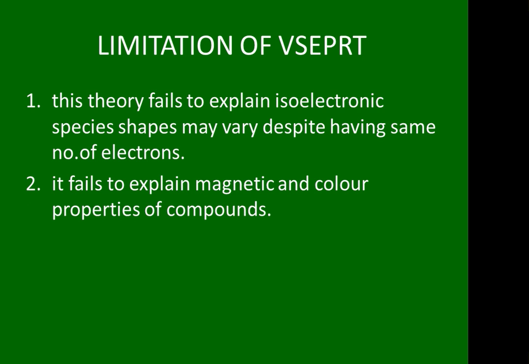Second, it fails to explain magnetic and color properties. VSEPR theory never explains the magnetic properties and the color properties of compounds, which are later explained by the molecular orbital theory. So no theory here is wrong, all theories represent and explain something new, all theories are good and supportive.